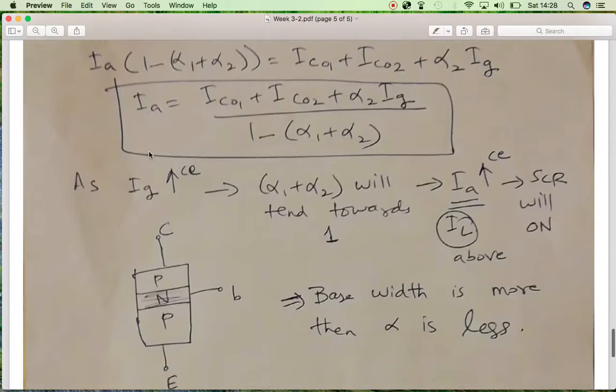So we can see from this equation that if we increase this gate current, then these two values will approach towards 1, and when these two values approach towards 1, this overall expression increases, and when this overall expression increases, IA will increase and SCR will turn on.